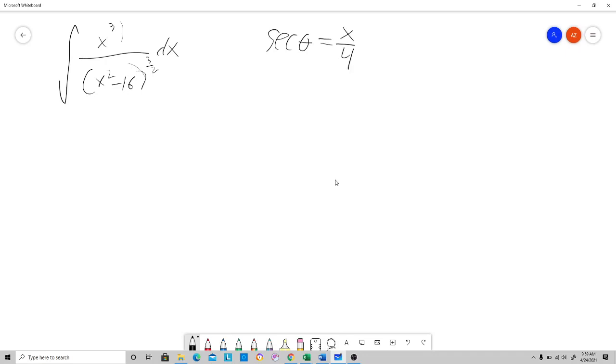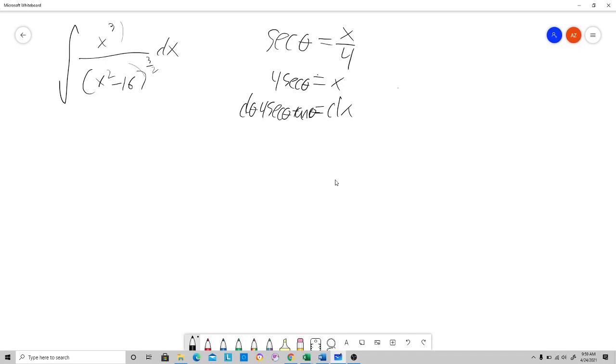Now if we solve for x, we have x equals 4 secant theta. Now we're going to differentiate to find dx. So dx is going to be 4 secant theta tangent theta d theta.